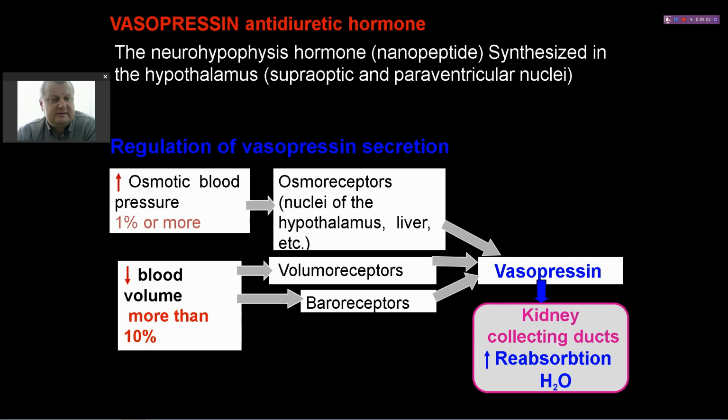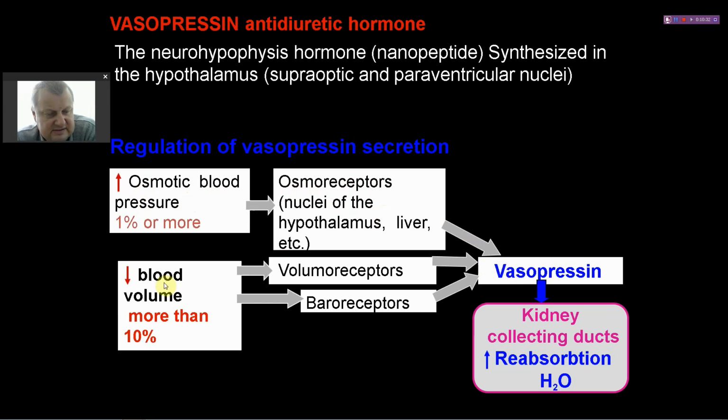Okay, and some words about the regulation of vasopressin secretion. There could be two causes: the increasing of the osmotic blood pressure by 1% or more, and the second cause is the decreasing of the blood volume by more than 10%. Osmoreceptors react to the increasing osmotic pressure, and the result is the secretion of vasopressin.